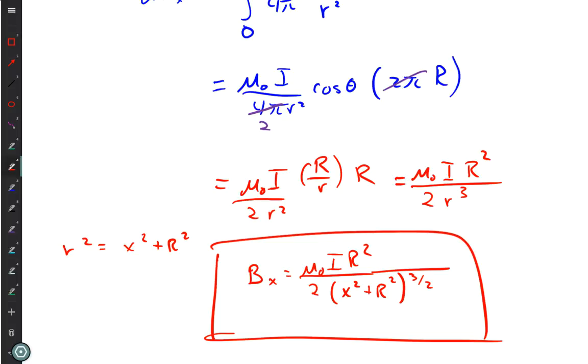point x. Now, what was the equation that was given in the textbook? The one that I said we were going to do in class today. Magnetic field, what location? It was the magnetic field at the center of the circle.